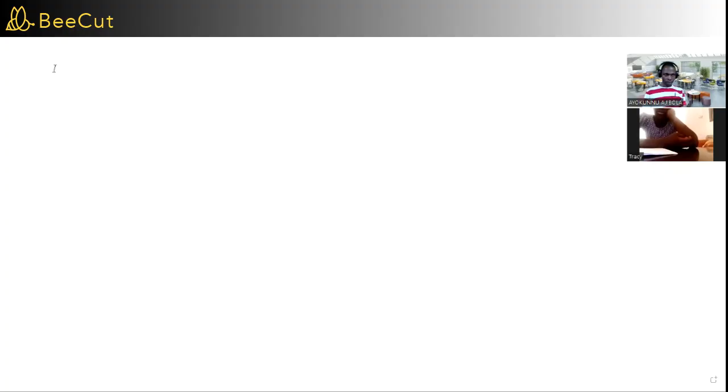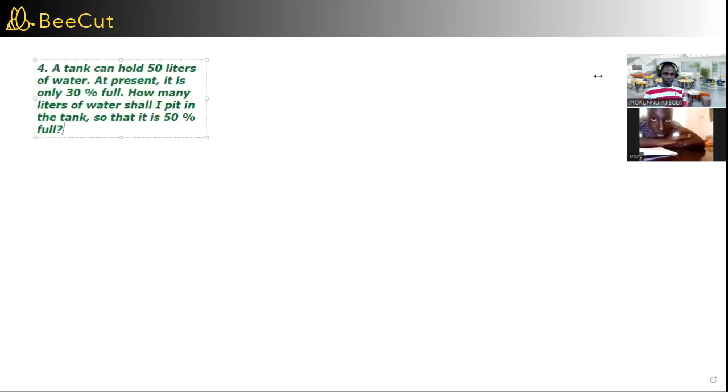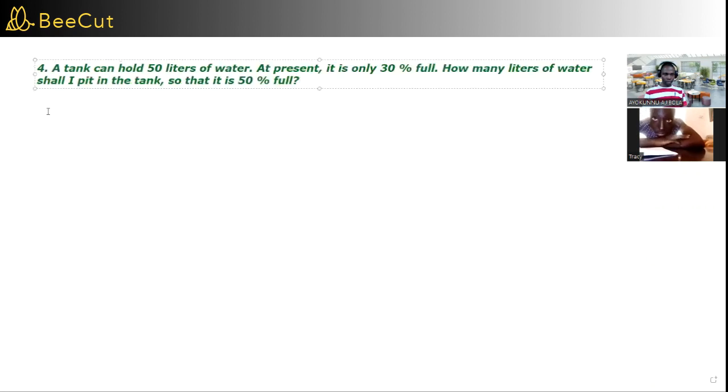Let us therefore be content with what we are. I'm going to give you one question to look at now, or we can look at it together. Still on percentages, what problems involve percentage? So let's see how it goes as I solve this. Here's the question: a tank can hold 50 liters of water.